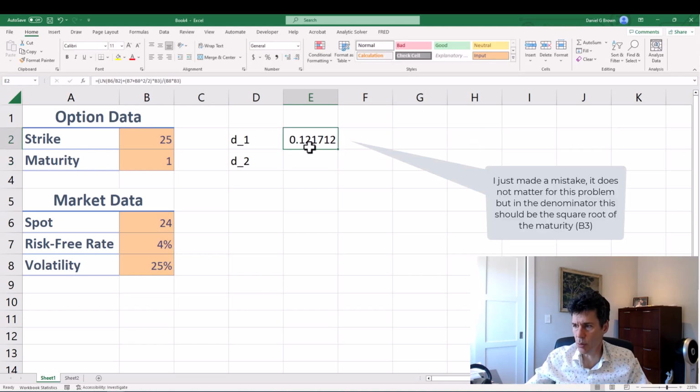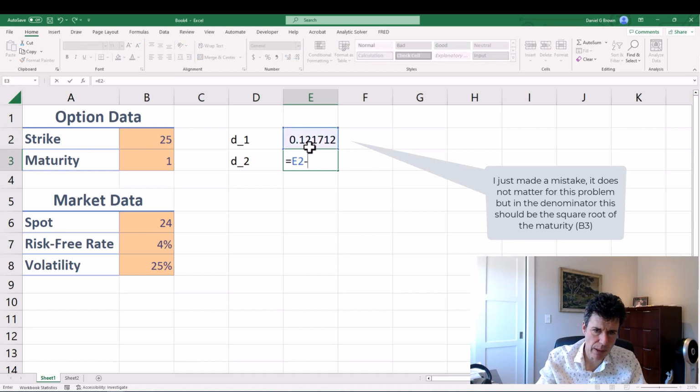So that's D1. And D2 is D1 minus the volatility times square root of maturity.